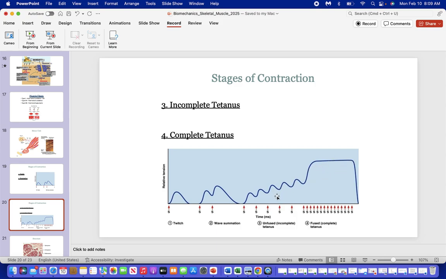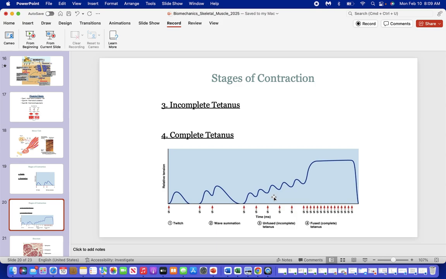Tetanus occurs when the frequency of stimulation is so high that the muscle contracts continuously without relaxing. Tetanus can be incomplete or complete. Incomplete is when the muscle contracts quickly with a short relaxation phase.